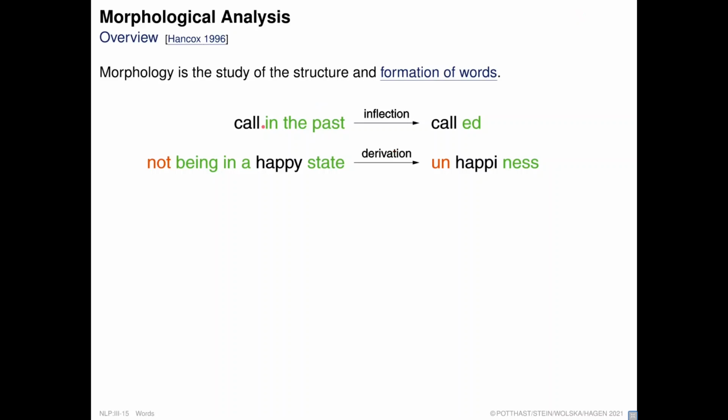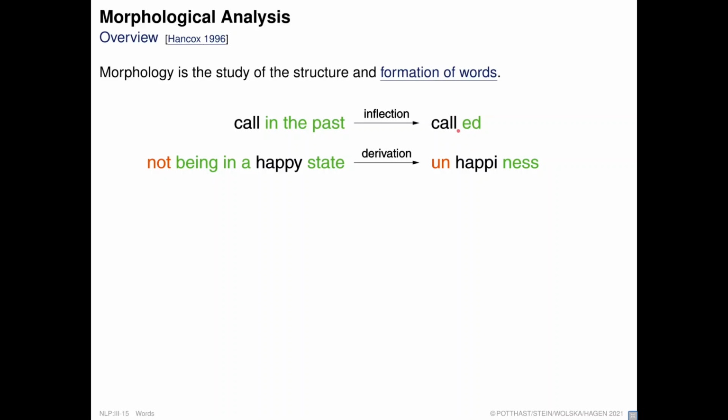So one example of such a process, an inflectional process, is illustrated here with the formation of a past tense. We have the word call here, and the word call in English in the past looks like this.